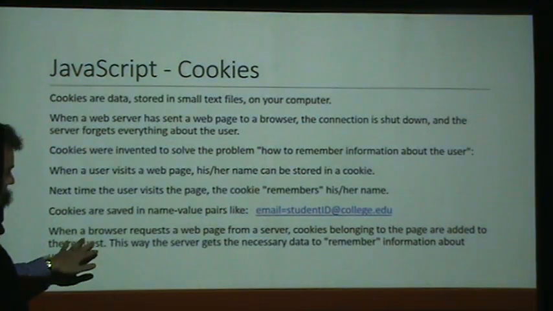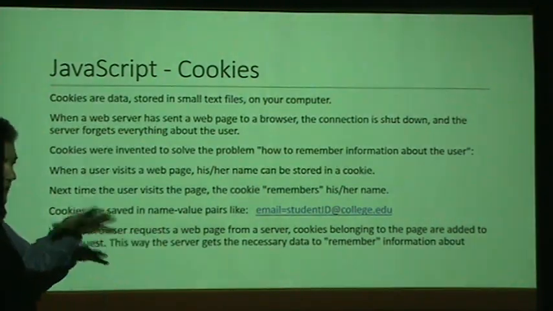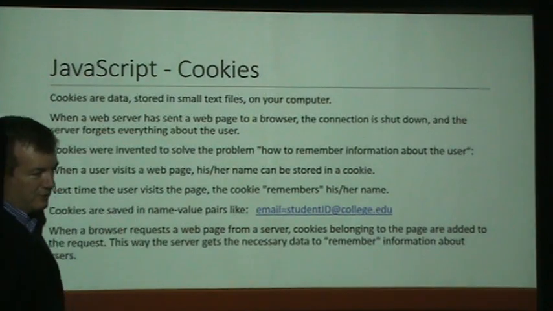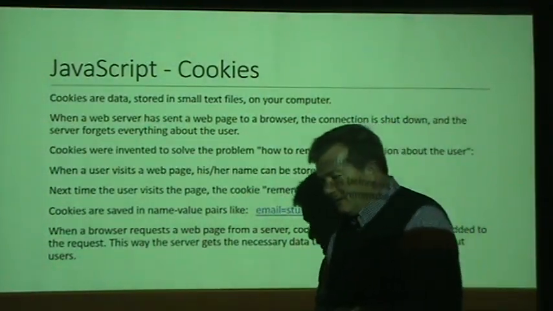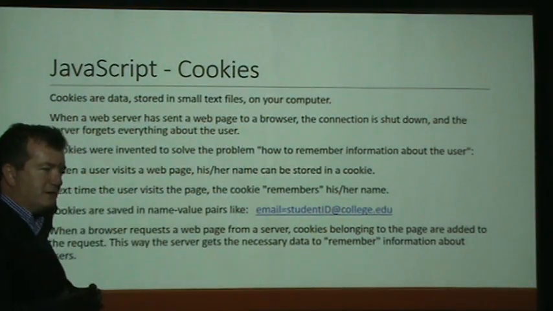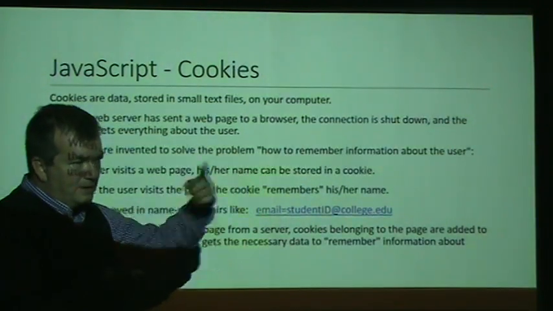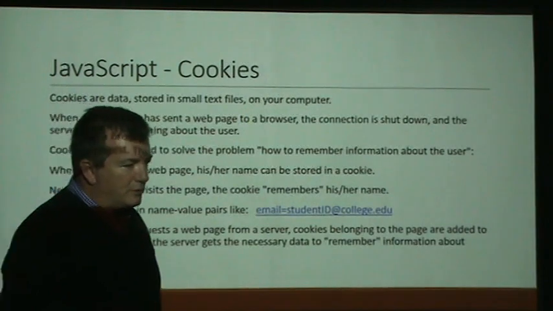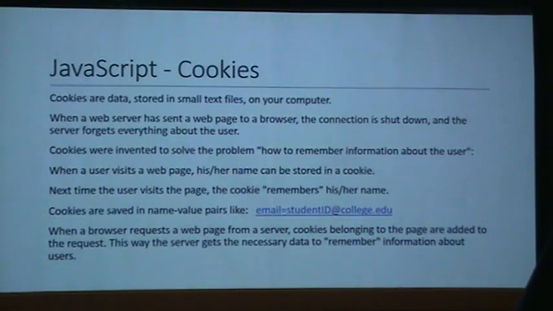And then every time the browser requests a page from the web server, it will send the cookies for that server to the server so the server can evaluate them. So for example, if you log into a web page and the server checks your password and says, okay, this is a valid user, now you're going to go back and forth, sending messages back and forth. You don't want to have to keep logging in again every time you want a new page. They're going to record that you are logged in in a cookie.